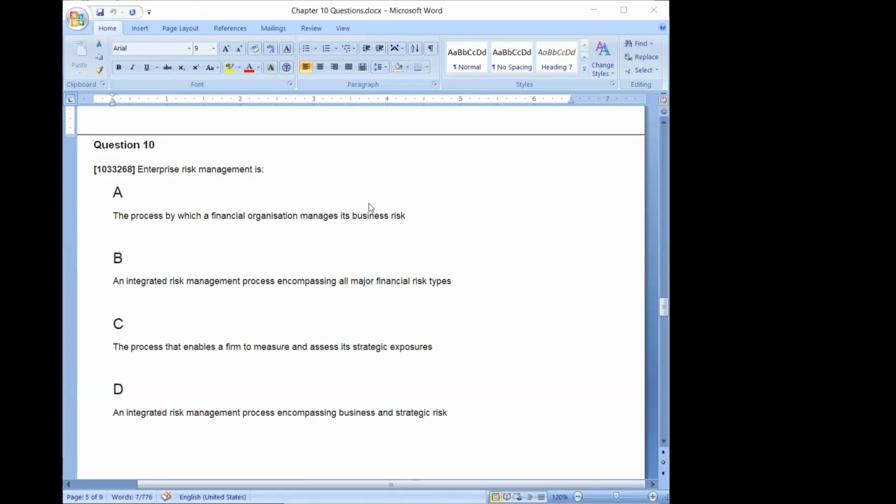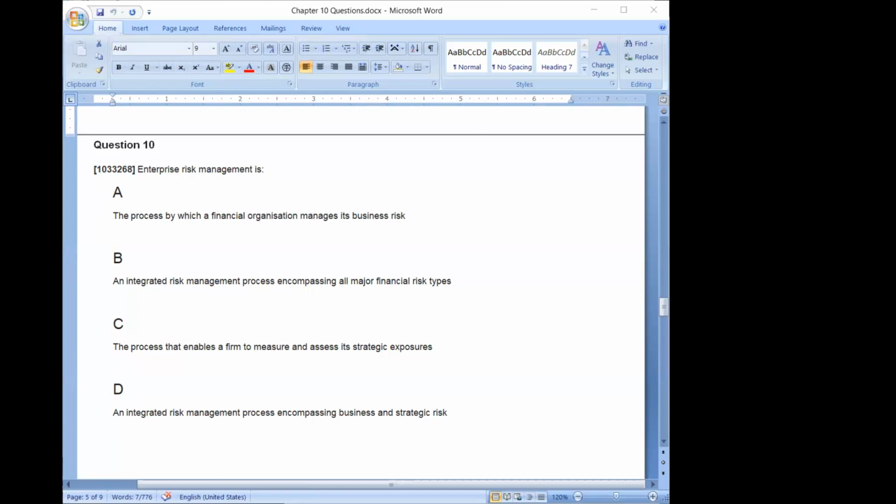Right, sorry. So the question is, enterprise risk management is: the process by which a financial organization manages its business risk and an integrated risk management process encompassing all major risk types; the process that enables the firm to measure and assess its strategic exposures; an integrated risk management process encompassing business and strategic risk.